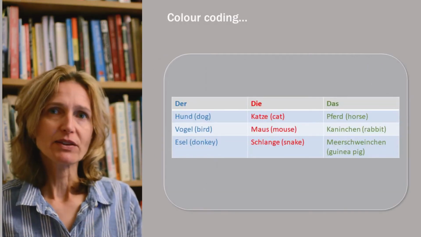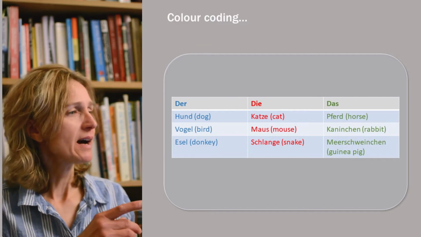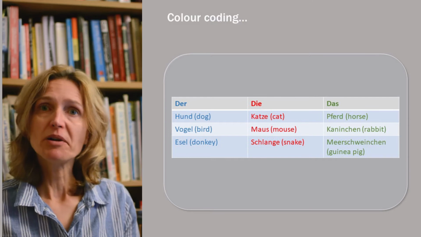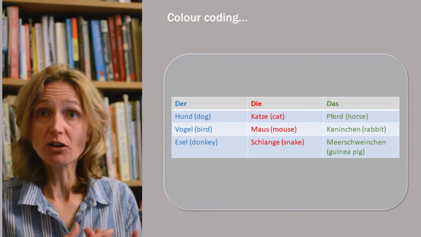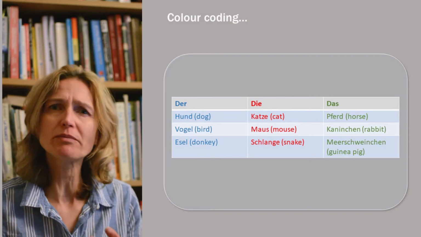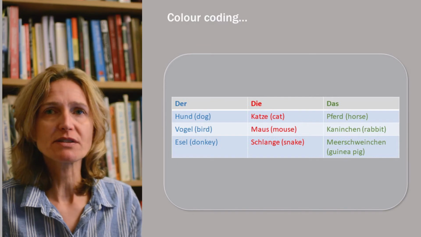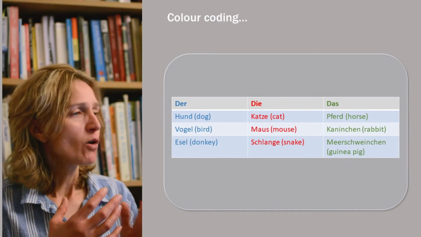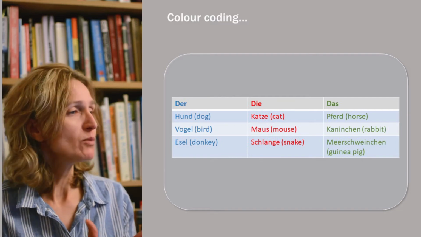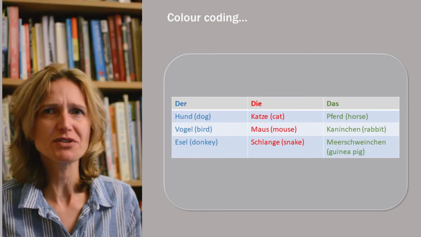The second method would be to colour code them. As you've seen here in my example, you could have a table, either paper-based or in an electronic spreadsheet. Maybe you might be using Quizlet, and then you might say that all of the masculine nouns would be blue, feminine ones red, neuter ones green, but obviously you would choose the colours.